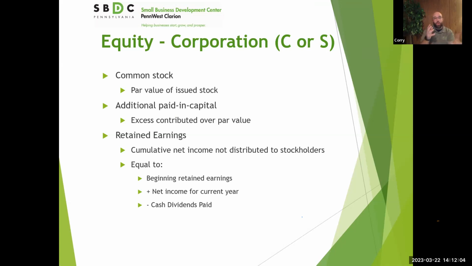So the S corporation is a mixture between a sole proprietorship and a corporation. And if there are multiple owners, an S corporation could be a blend of a partnership and a corporation. And we're not going into great detail on those.